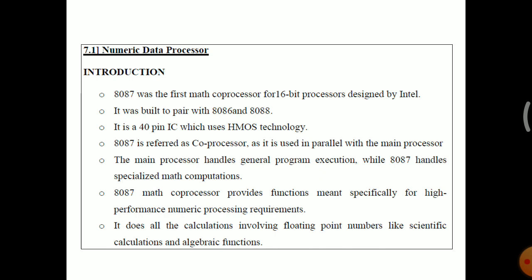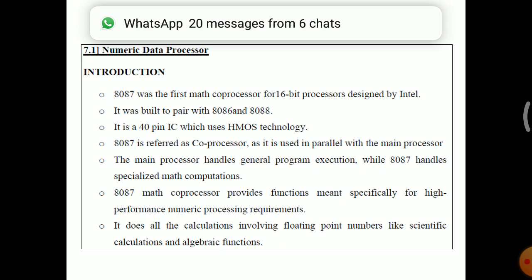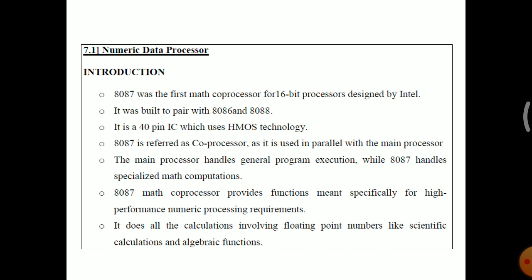It is a 40-pin IC which uses the HMOS technology. It is referred to as a coprocessor because, as I said, it is used in parallel with the main processors, that is 8086 or 8088. So it is as good as a processor. What it does, let us discuss.